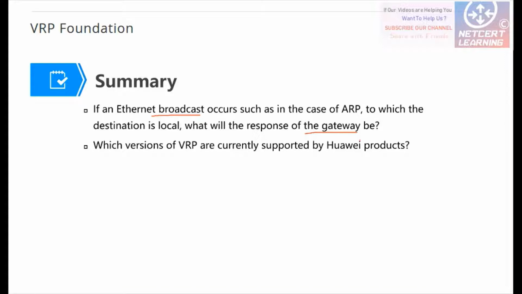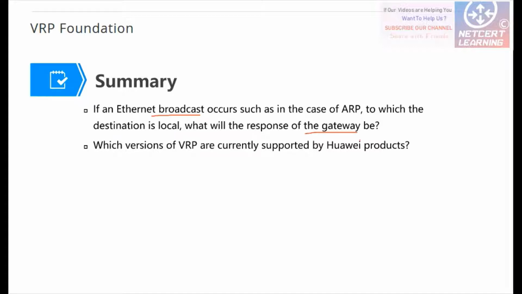When one interface of the gateway is connected to the Ethernet, then on this Ethernet network the gateway works just like one host. So when the broadcast reaches this interface, the gateway will receive and process it.